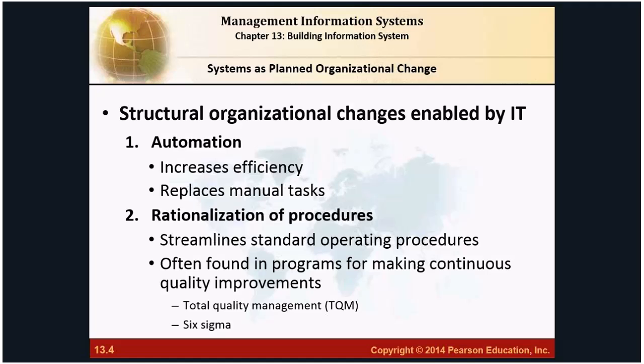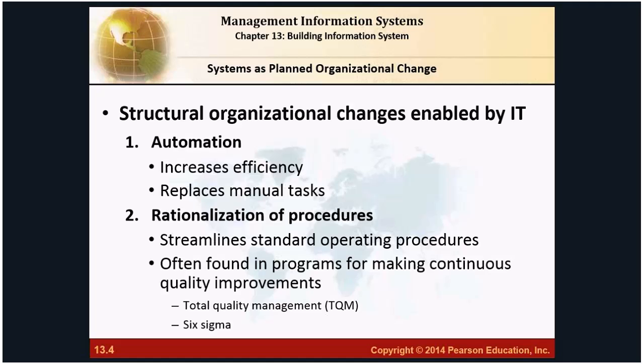So we take structural organizational changes enabled by IT. So how does it happen? Say you are running on a manual system or a legacy system, and now you are going to introduce a new system, right? So with the new system, you might be able to automate some sort of processes, right? So there might be instances where you can rationalize some processes or procedures, right?